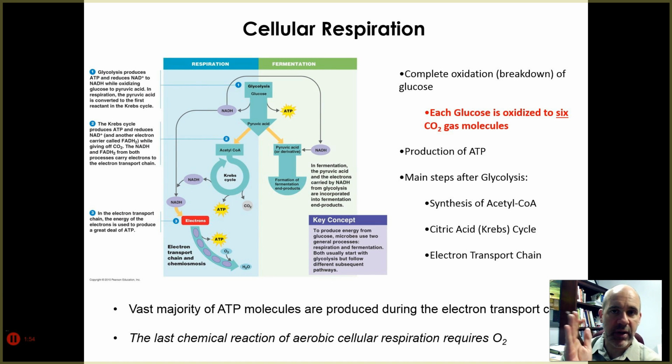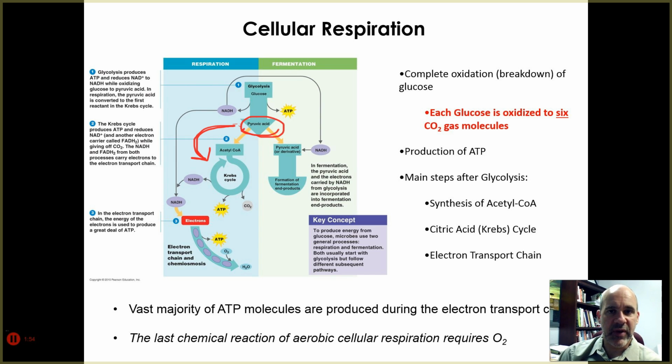For every glucose molecule that goes into glycolysis, you wind up with 2 pyruvic acids, or pyruvates. And then those are going to feed into a multi-stepped process called the Krebs cycle, or the citric acid cycle. Your book has more details on that. Use your study guide for guidelines on what you need to know. But that is a series of chemical reactions, step by step, and it continues the oxidation of glucose.